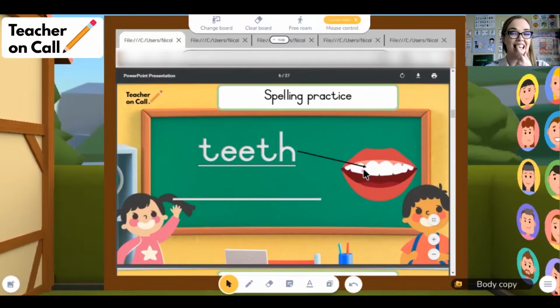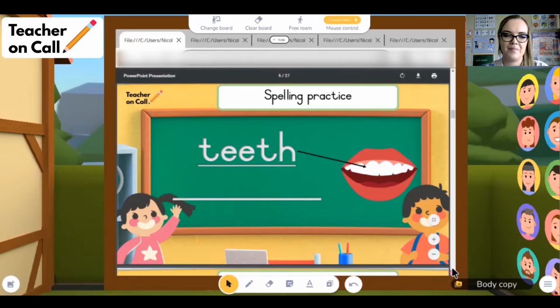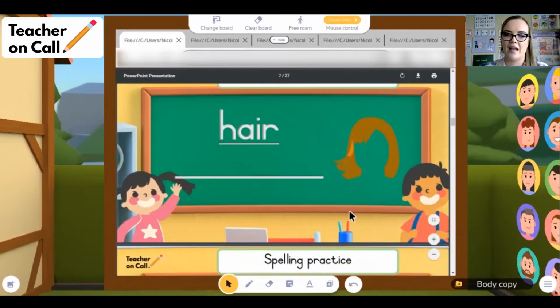Now I have many teeth. One tooth, many teeth. Teeth. And I have hair.